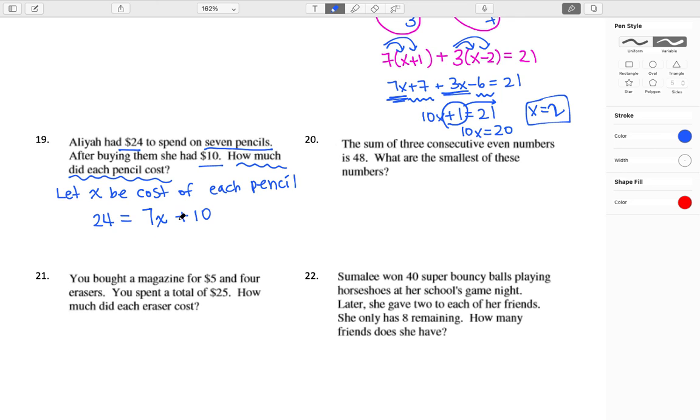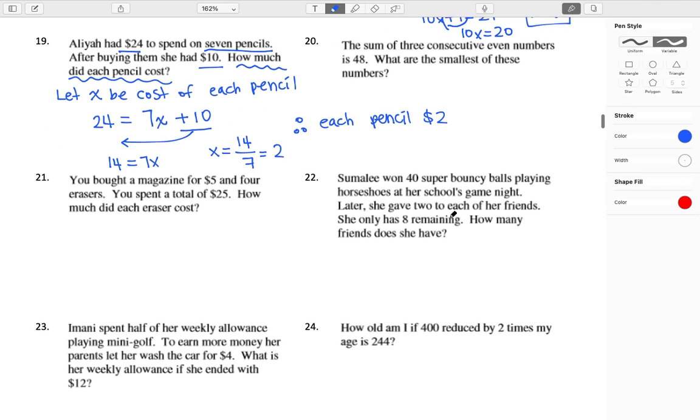After you set up the equation, I'm going to move positive 10 to the other side. So it's 14 equals 7x. And divide by 7. So 14 divided by 7 is 2. Therefore, each pencil is $2. Okay.